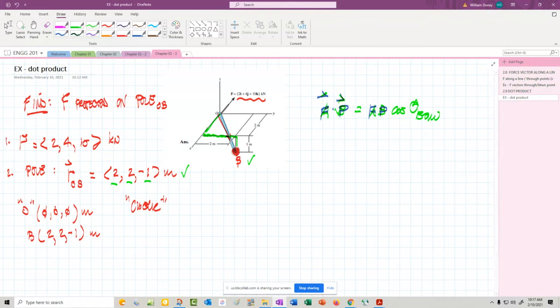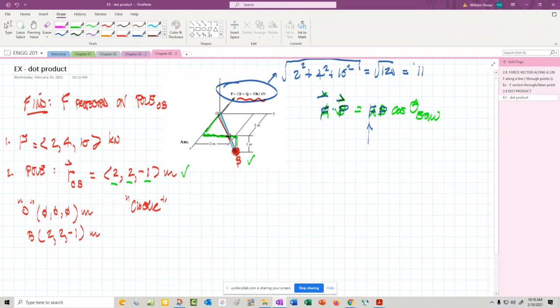All right, magnitudes. How do we find the magnitude of that force? Again, we know the components. So if we go through the components and square root that, we have 2 squared plus 4 squared plus 10 squared, square root, that becomes 4 plus 16 plus 100, square root of 120. That's a very nice number. Just short of 11.